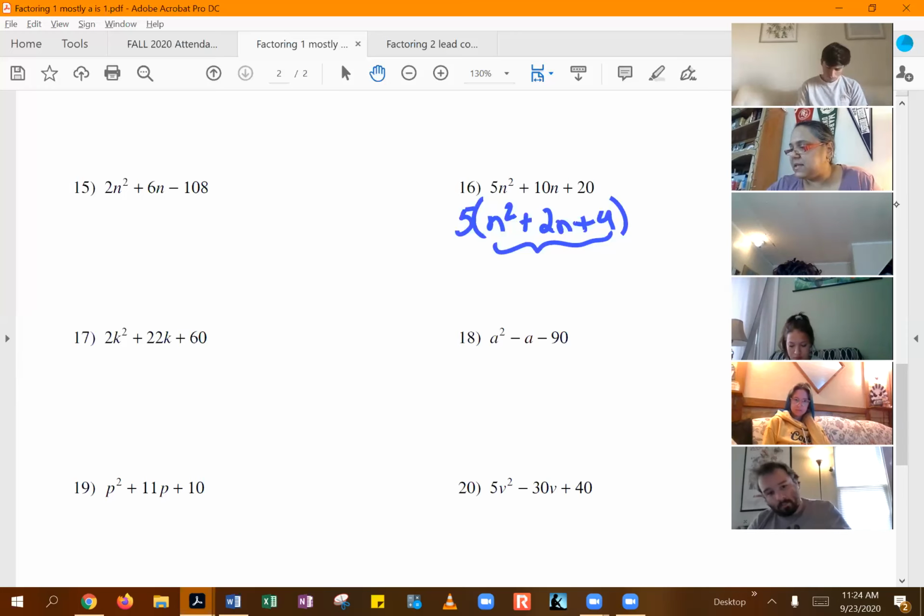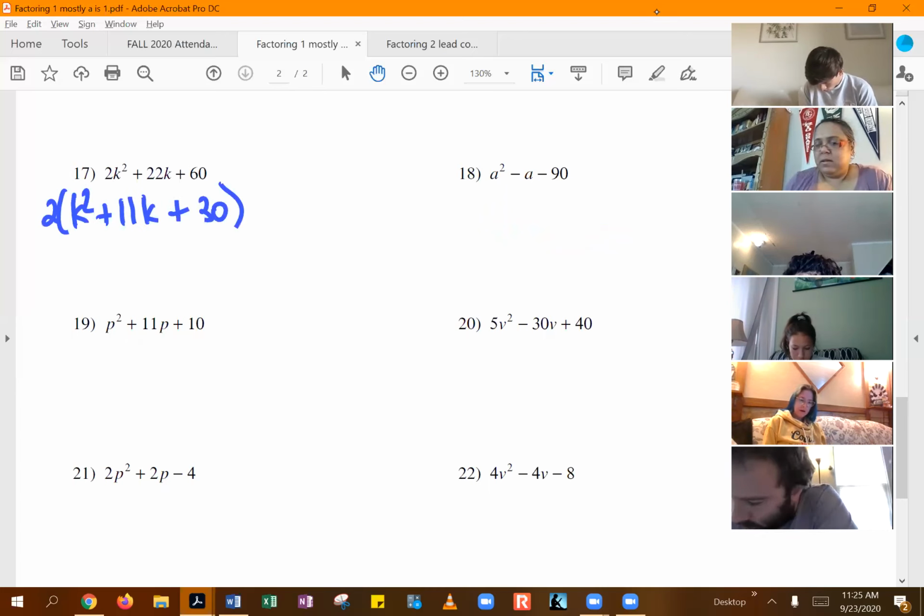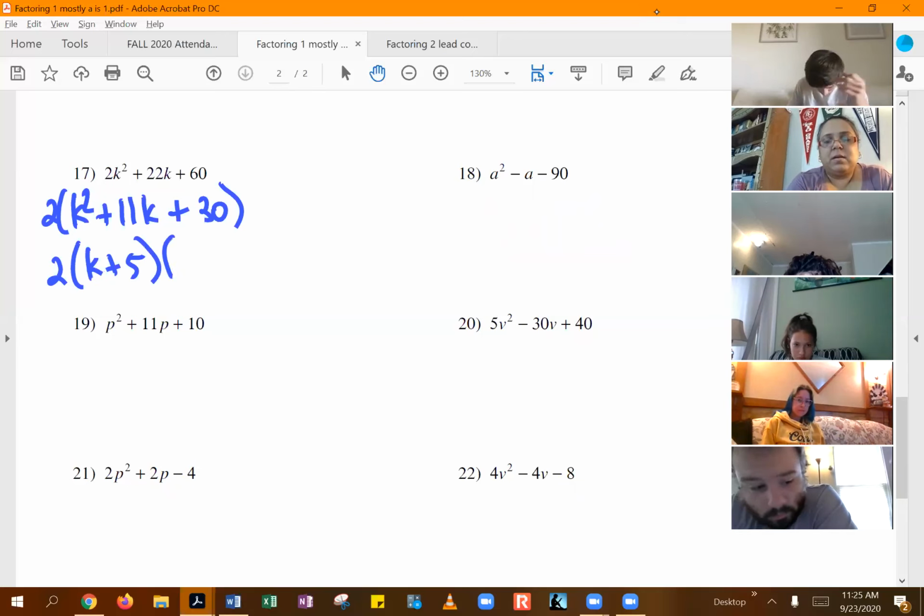For 17, how about Anna? For 17, I got 2 parentheses k squared plus 11k plus 30, and then I got 2 parentheses k plus 5 and parentheses k plus 6.